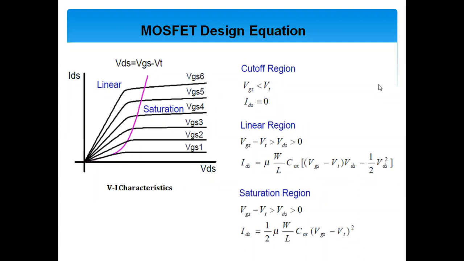So what is the equation for that? IDS is equal to 1 by 2 mu, where mu is the electron mobility, W by L Cox in bracket VGS minus VT square. So this is the IDS equation in the case of the saturation region. These are the different design equations of the MOSFET.